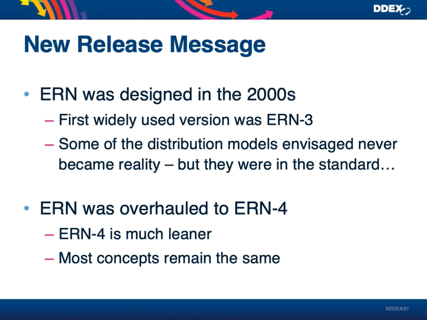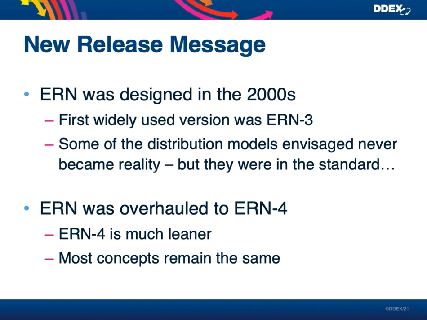Now, during the development of ERN 3 over the years, we added information for a variety of different distribution models that record companies and DSPs were working on. Some of them never really made it into the standard. And in any case, there were some design choices that we made in the early noughties that we certainly wouldn't make today anymore.